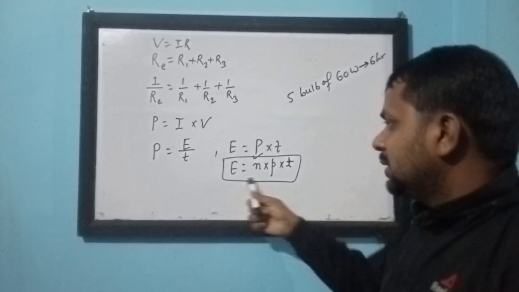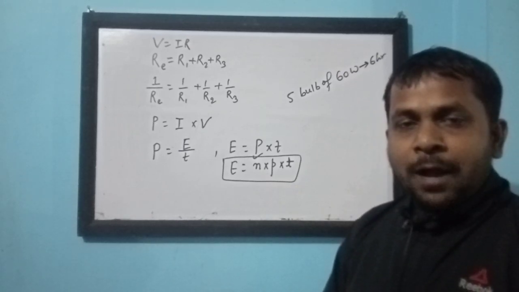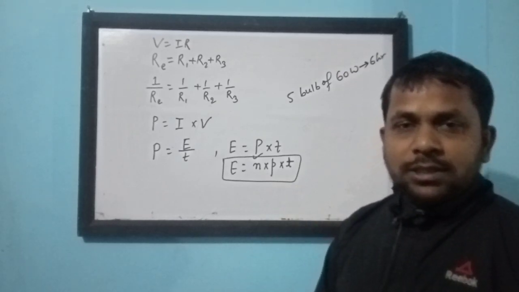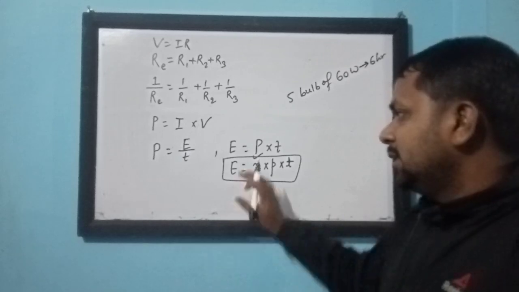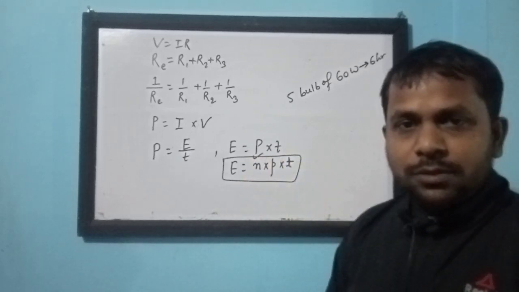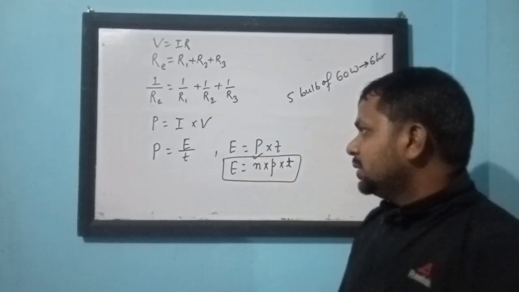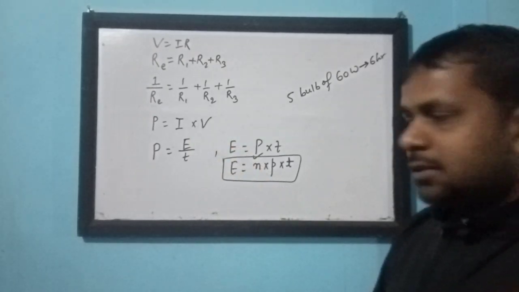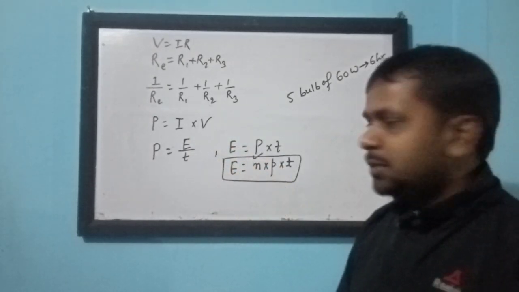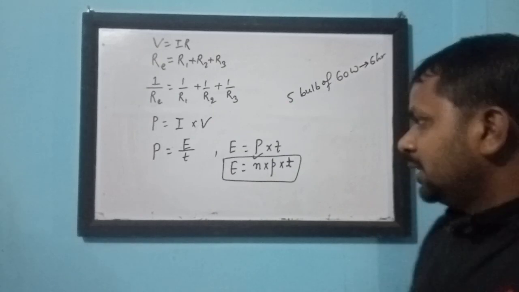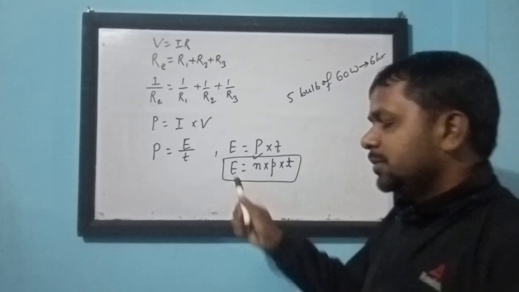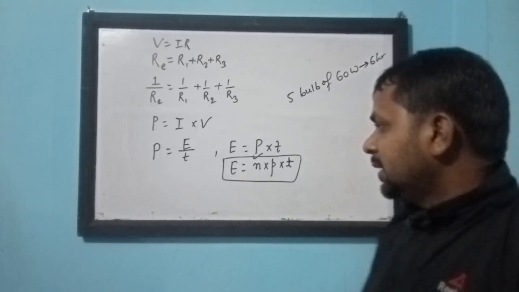How much electrical cost it is coming for 1 month we can easily calculate by using this formula. Okay, how we will use, just after some minutes we are going to use this formula. But here when we are using this formula we have to be very careful.